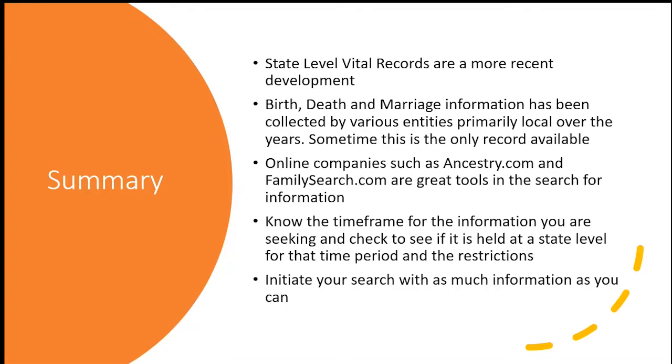Companies such as Ancestry and FamilySearch are great tools in a search for the information. But one of the keys is knowing the time frame of the information you are seeking, and then checking to see if state level records are available for that time period and their restrictions. And you can initiate your search with as much information as you can.